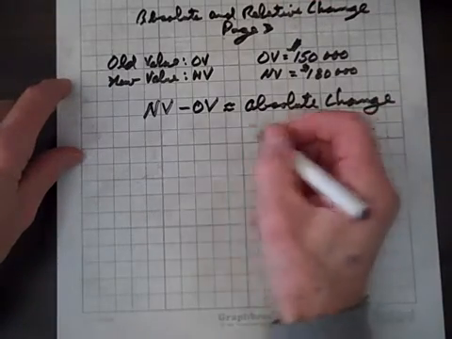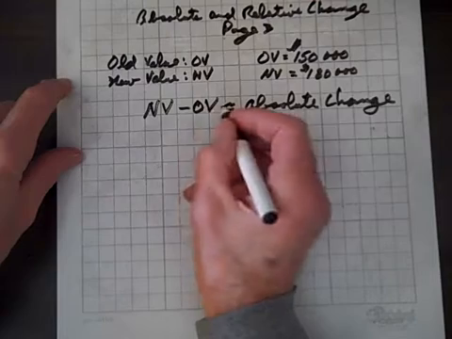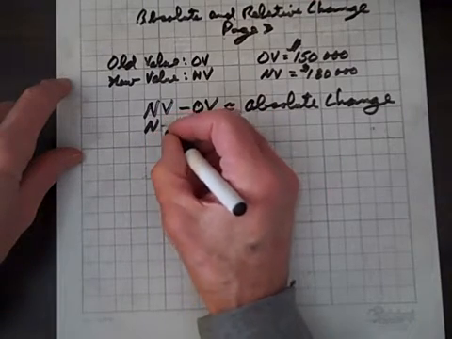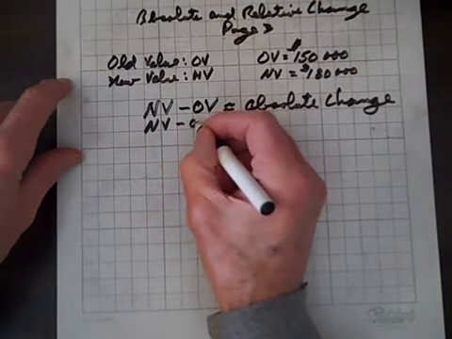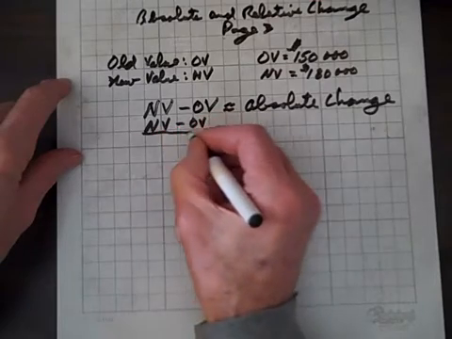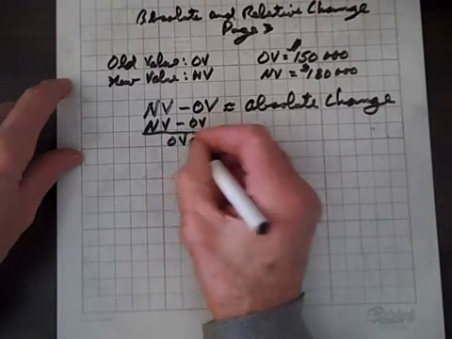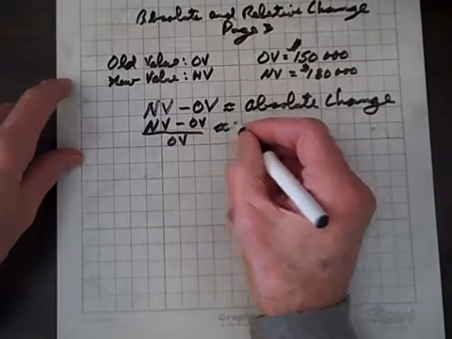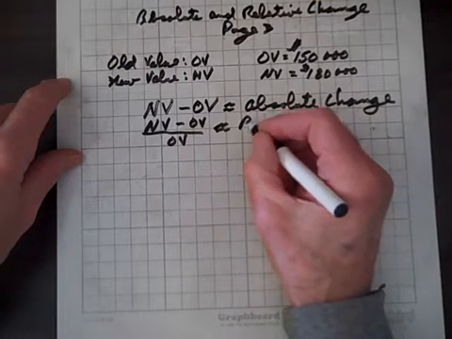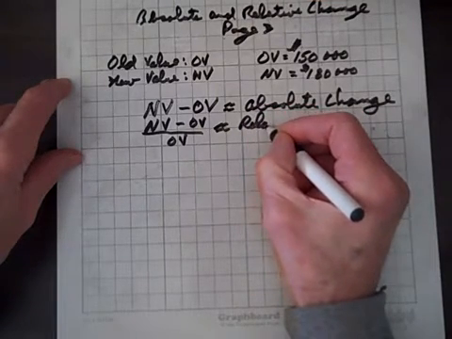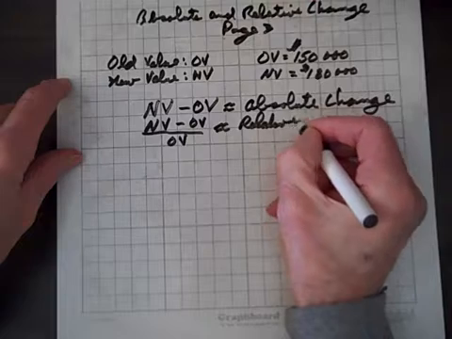Now, relative change is going to be the absolute change, or the new value minus the old value, divided by the old value, and that corresponds to relative change.